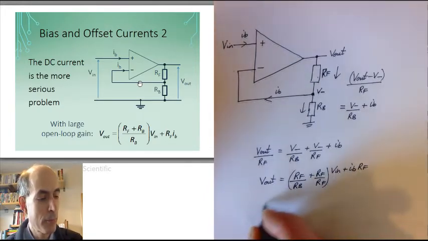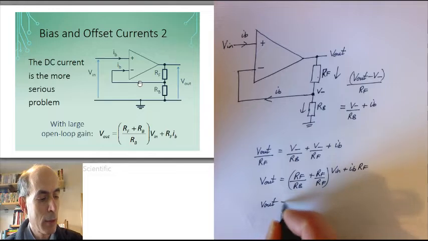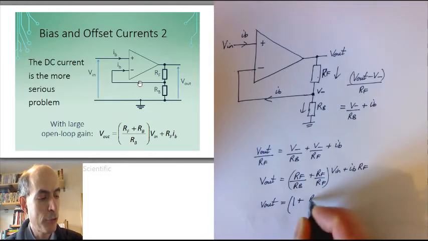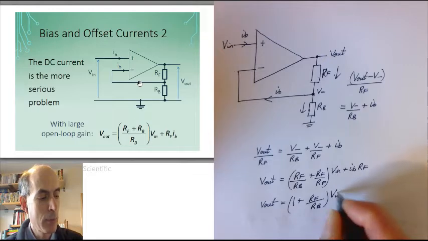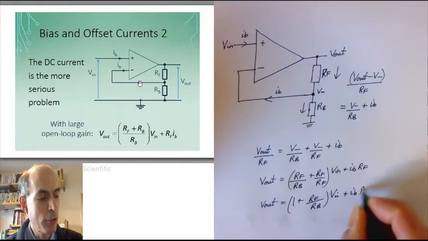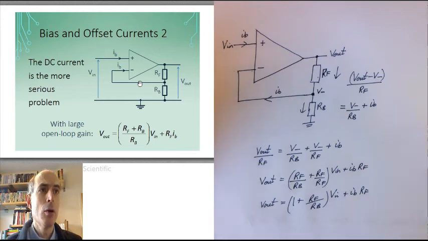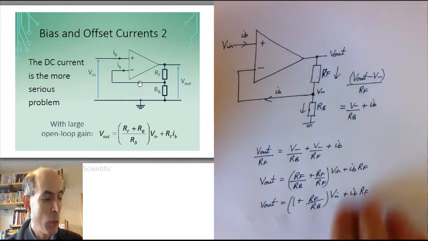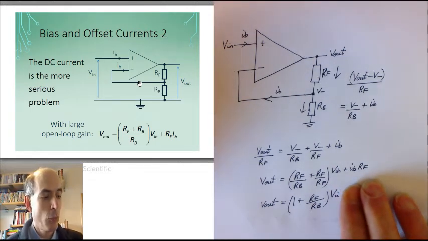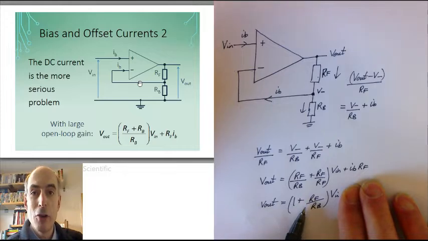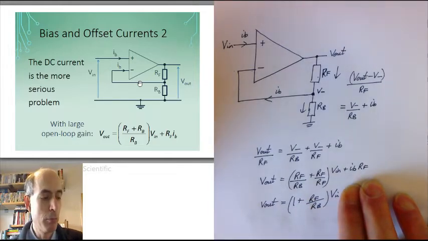Or in other words, Vout equals (1 plus RF over RB) times Vin plus IB times RF. When IB equals 0, we just get that expression, which is the standard form of a non-inverting op-amp that we've seen before.